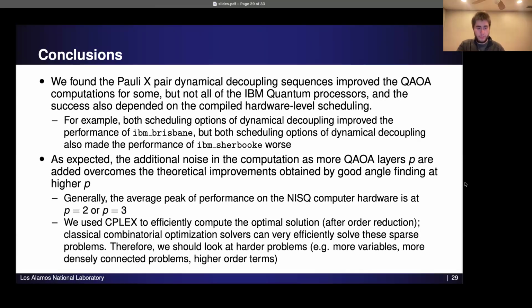You can also use the light cone entanglement simulation method I briefly mentioned earlier. You can do that on arbitrarily large graphs up until you hit whatever the entanglement growth limit is. As long as the graphs are sparse, you can do that. So in this case, for p equals 1 and p equals 2, even if you had a 1,000 variable problem, for example.